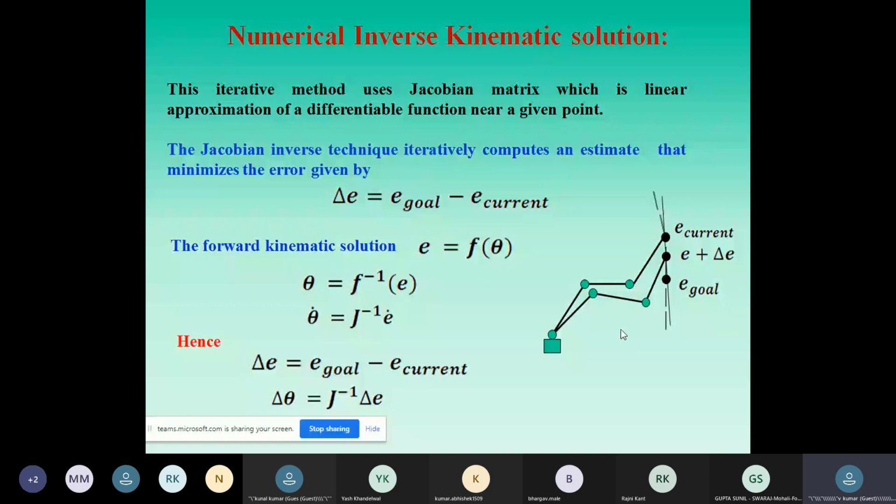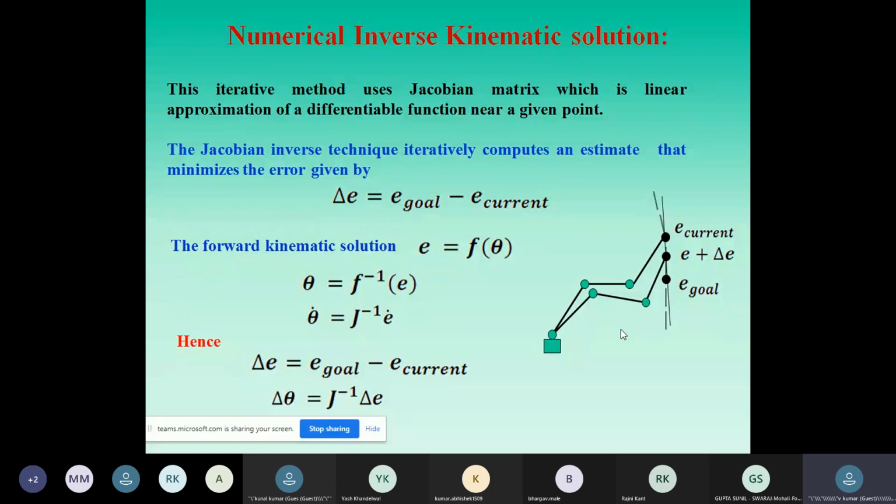We know the current position, we know the goal position, and we calculate the distance between the 2 points, and minimize that distance. After some time, the distance between the current position and goal position is within some error range that we have given.